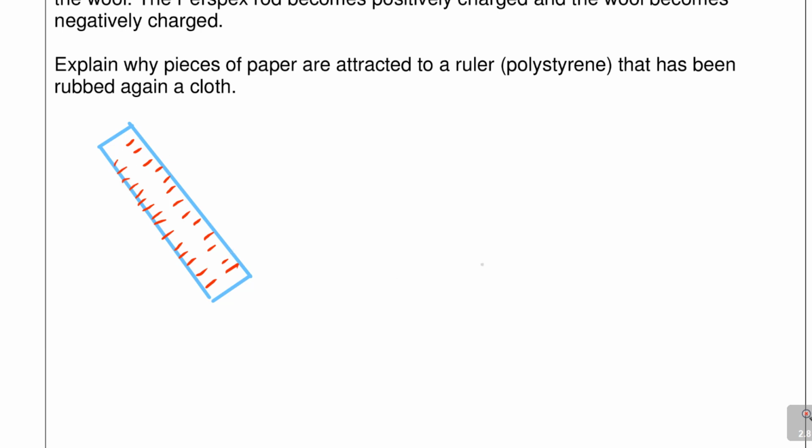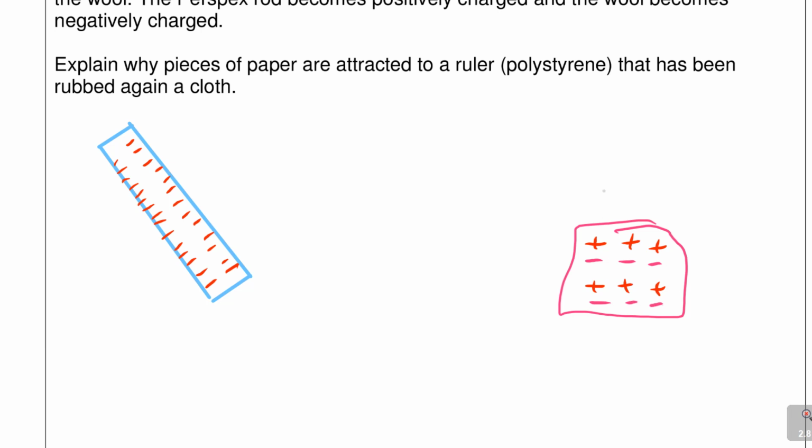And then let's have a piece of paper. Before, it had uniform charges, so positive, positive, positive, and then positive, positive, positive. Our ruler here is negative, negative, negative, negative, negative, negative.